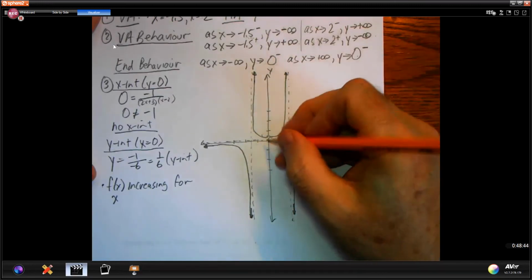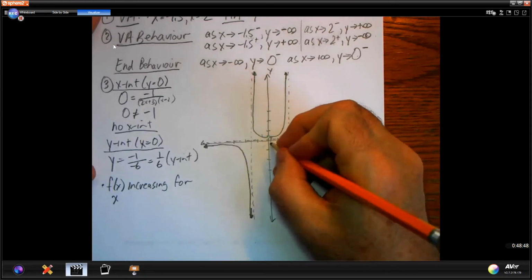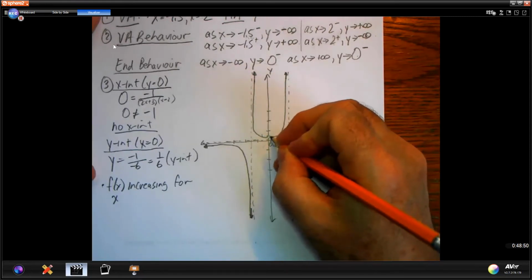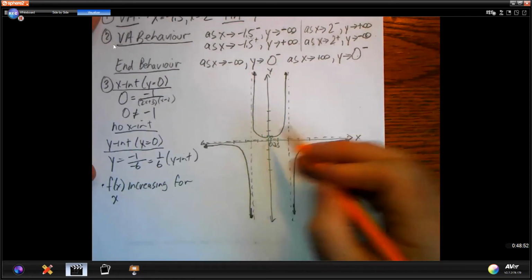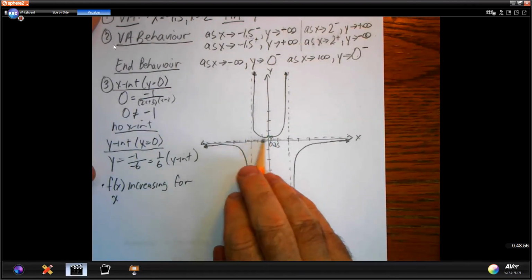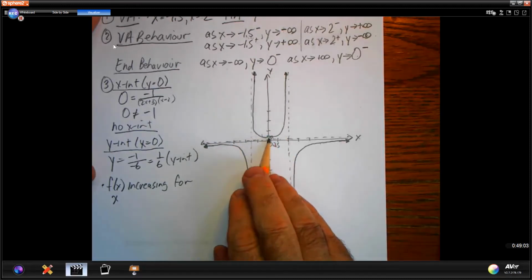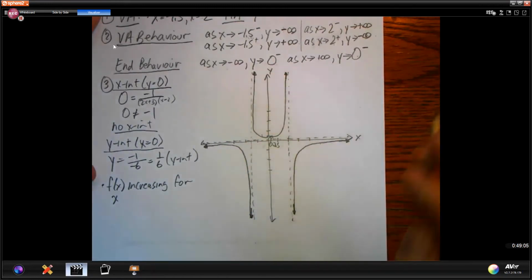I'm going to make a note of this here. So the 0.25 is where that minimum happens. And because it's kind of like a vertex, it defines when this part of the graph changes from increasing to decreasing or decreasing to increasing.